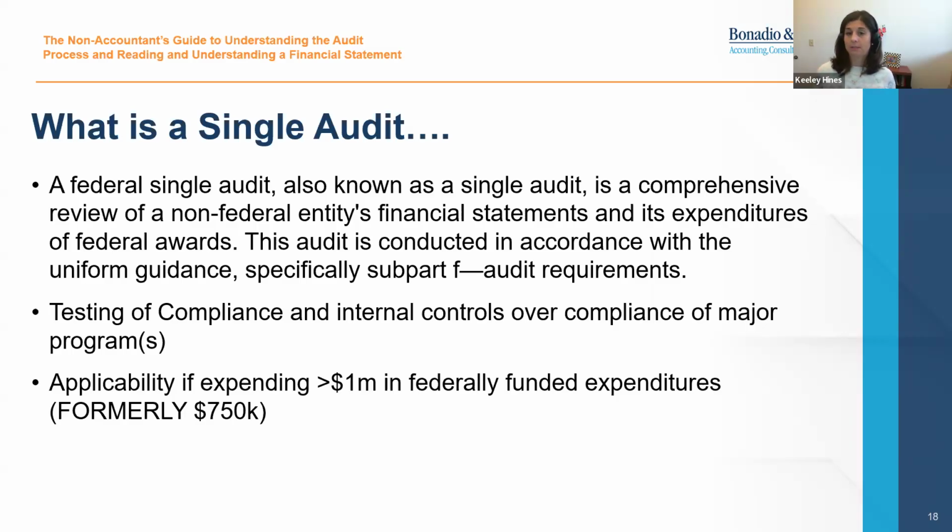Because the federal government says, we want you to spend the money in accordance with the rules. So that's the compliance piece that I'm referring to. Did you spend the money on what you were supposed to spend it on, when you were supposed to spend it? Did you follow the rules that they set forth around receiving those dollars?